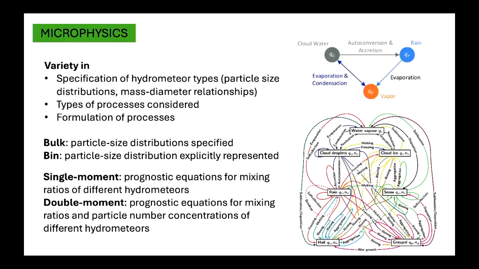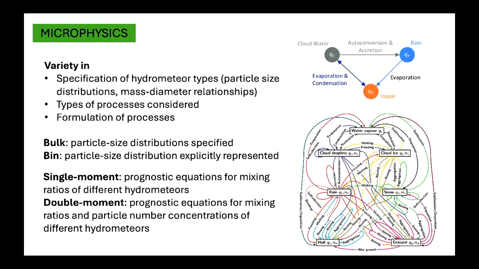So microphysical parameterizations come in different forms depending on the level of complexity you like to have for the events you want to simulate. And they often differ in the way they specify the different hydrometeor types and the different processes they consider, and also in the formulation of these processes as well.